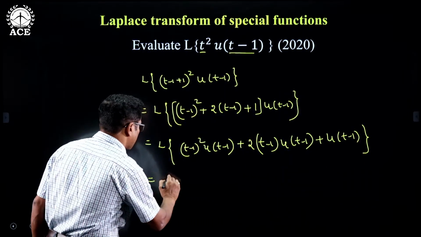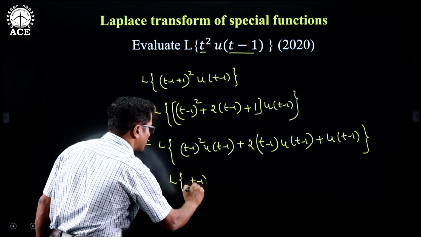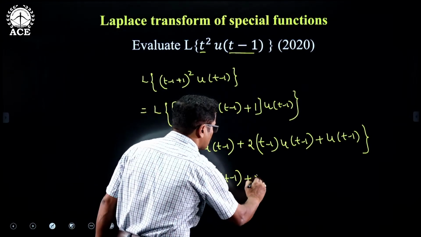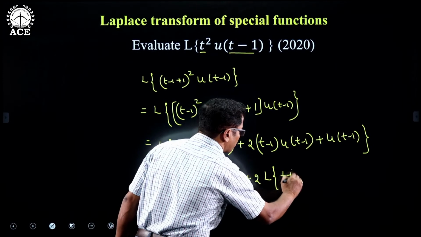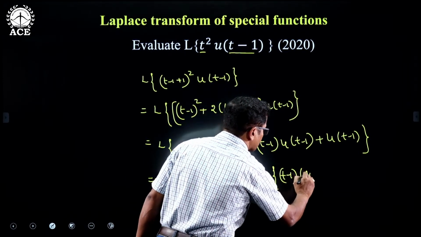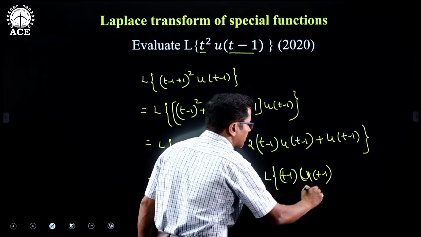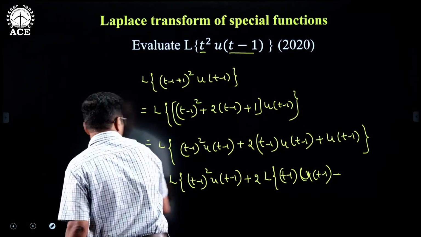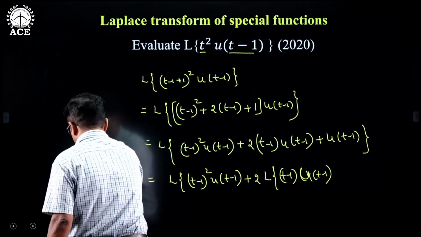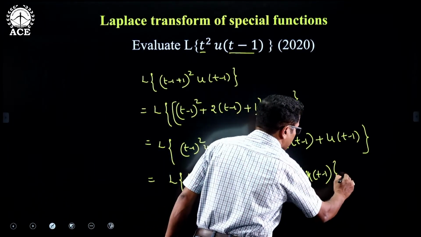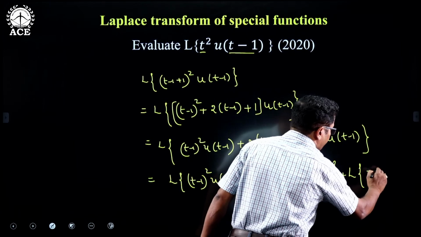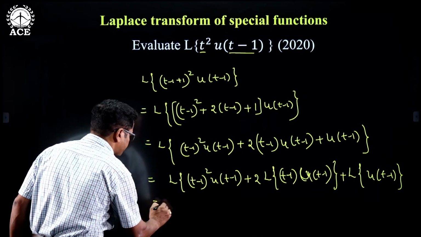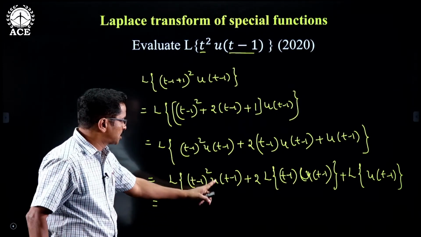So which is equal to L of t minus 1 whole square into u of t minus 1, plus 2 into L of t minus 1 into u of t minus 1, plus L of u of t minus 1. Okay, so this is here L of t minus 1 whole square u of t minus 1.